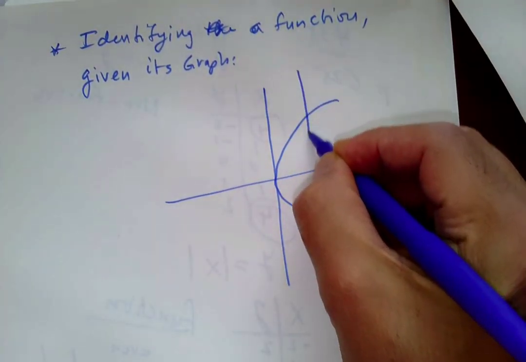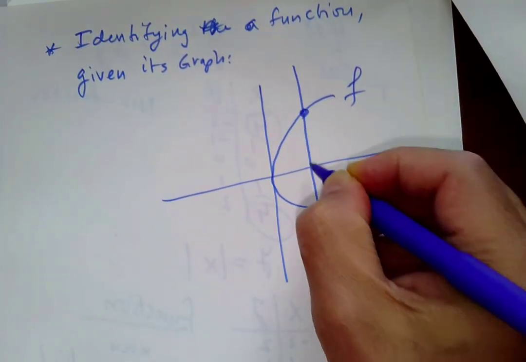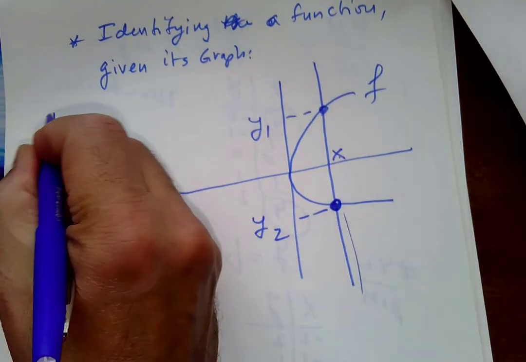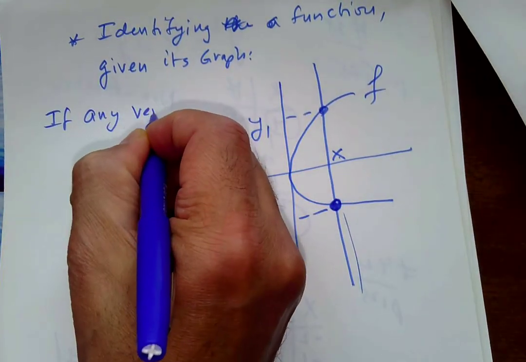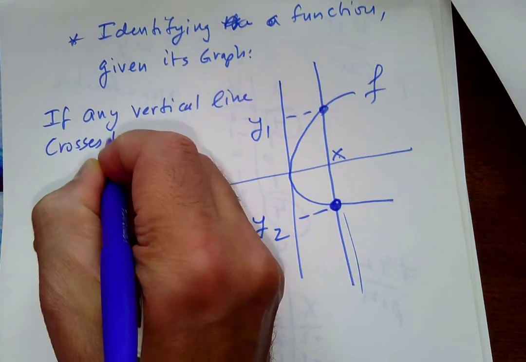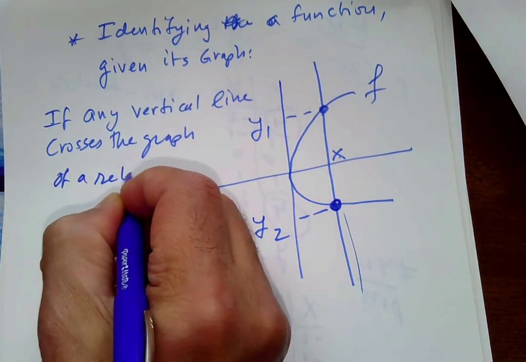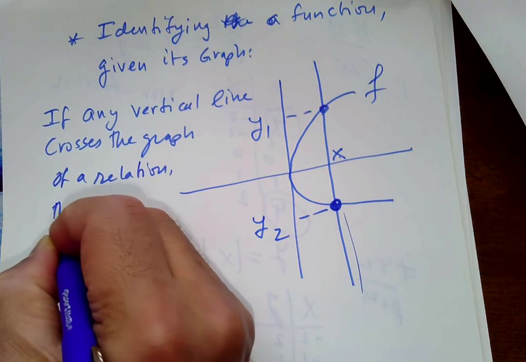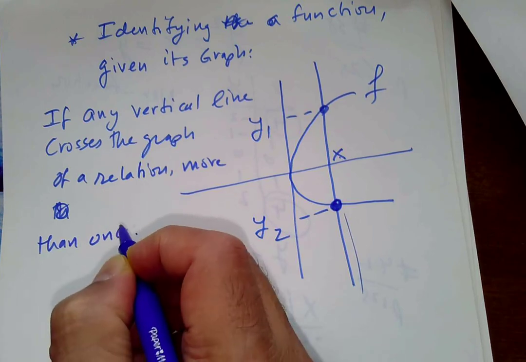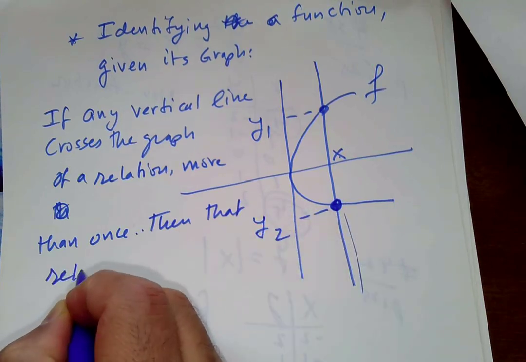Because if any vertical line crosses the graph of a relation more than once, like this one, see, this x has 2 y values to be paired with. So if any vertical line crosses the graph of a relation more than once, then that relation is not a function.